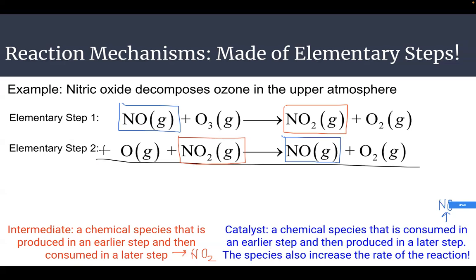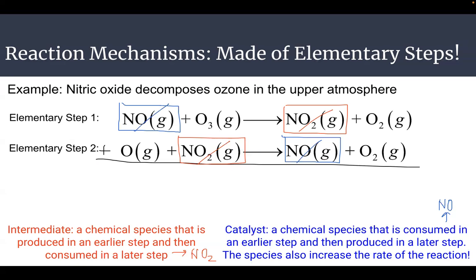So both NO and NO2 will not appear in our overall reaction, but those species are different from each other. NO is our catalyst and NO2 is our intermediate. But again, both of these cancel. NO is a product, but it's also a reactant, so when I add them up, they cancel out. And NO2 is a product, but it's also a reactant, so those cancel out as well.